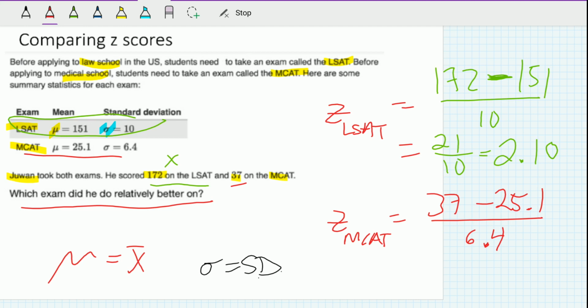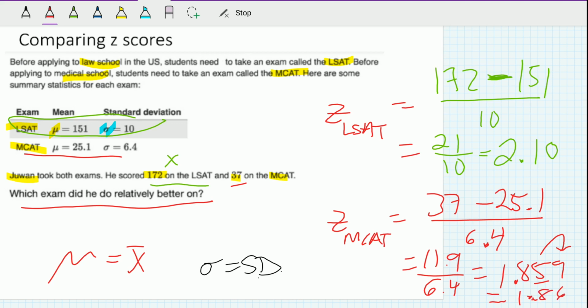And then let's do the next one. 37 minus 25.1 equals 11.9, divided by 6.4, which is equal to 1.859. Since we want two decimal places, the 5 is either going to change or stay with the number next to it, which is a 9. So it's going to go to 1.86. Okay, so that right there.